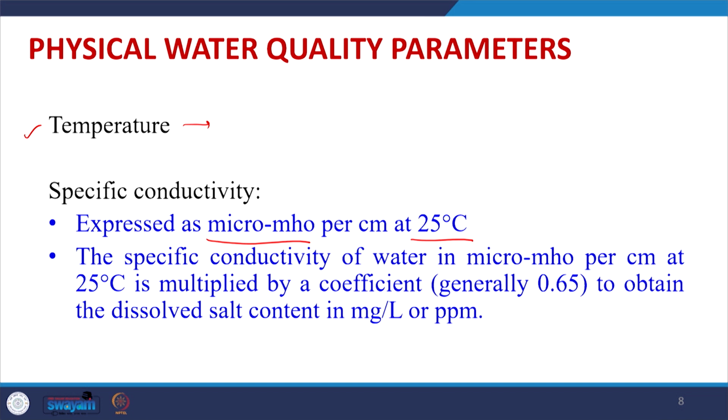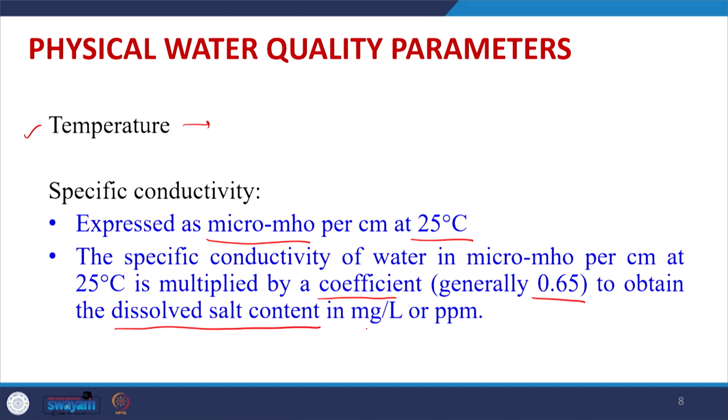The specific conductivity of water in micromho per centimeter at 25 degree centigrade is multiplied by a coefficient, generally 0.65, but it may vary from 0.5 to 0.85, to obtain the dissolved salt content in milligram per liter.